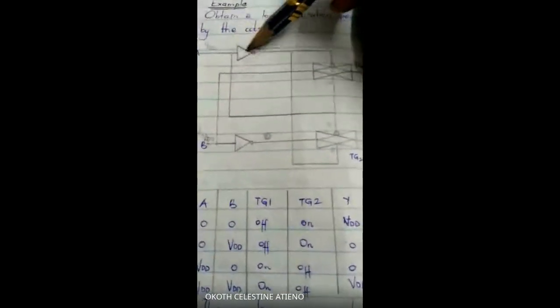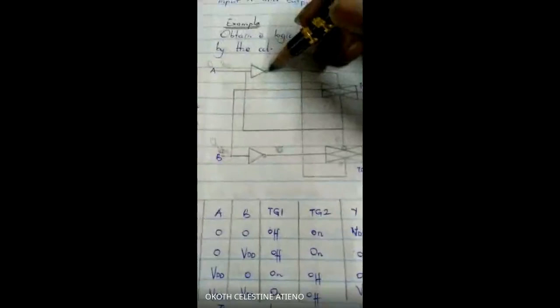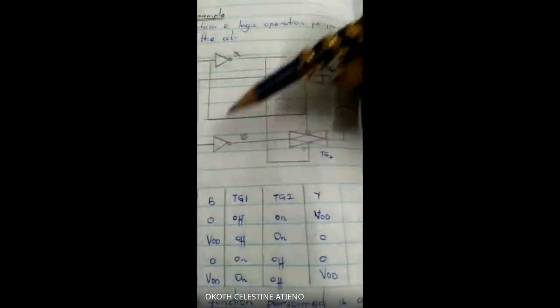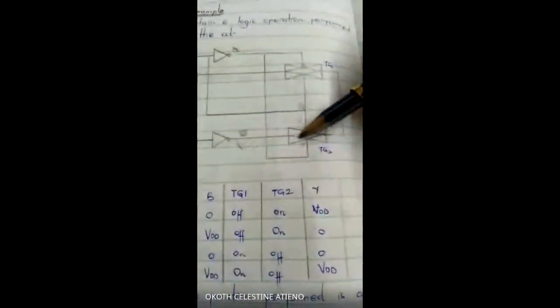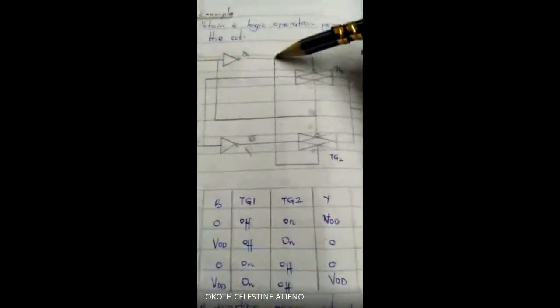So A ikikuja hapa, 0 itakuwa 1 hapa, because it will be negated. And then 0 will be picked here, so tunajua hapa kutakuwa na 0. B ni 0, so we'll have a 1 here. And then from here, tunajua tuko na 1. This one will be picked.